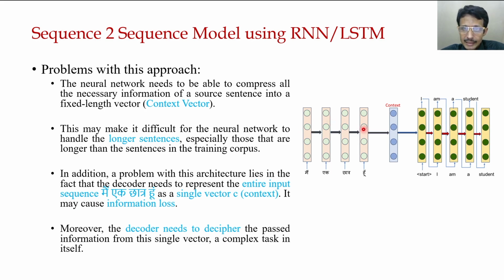LSTM can handle it, but still, if there is a bigger sentence, then at least the somewhat abstract important information of this input should be conveyed in this context vector so that it is conveyed to the decoder.